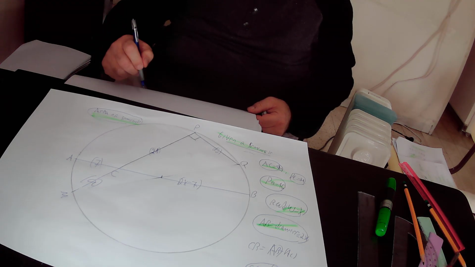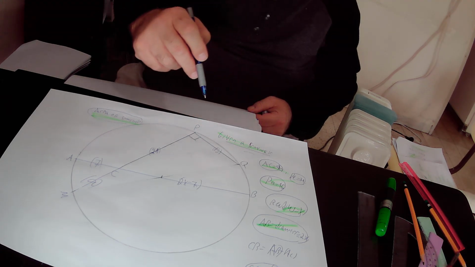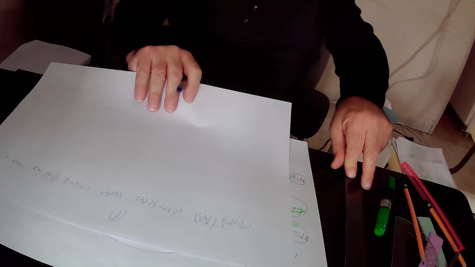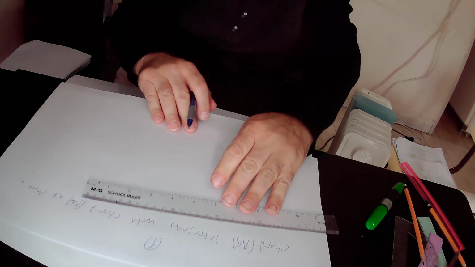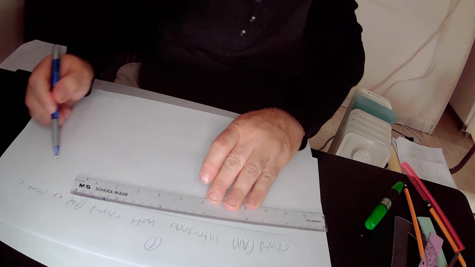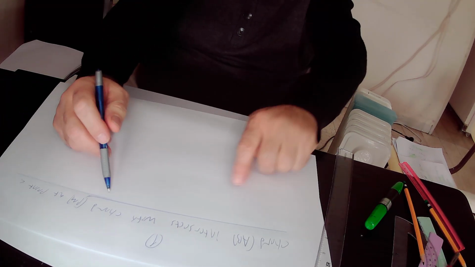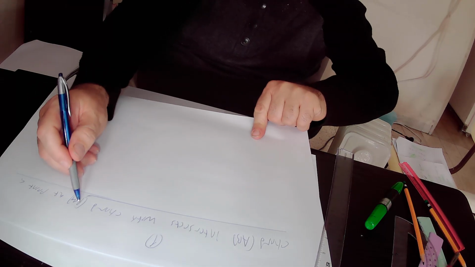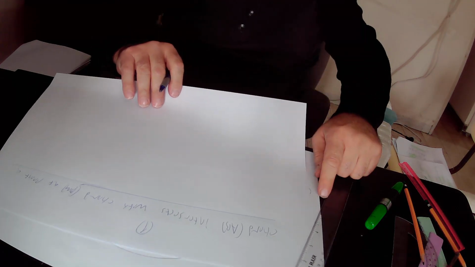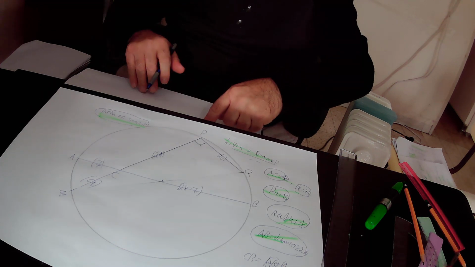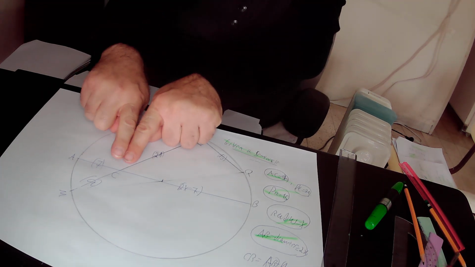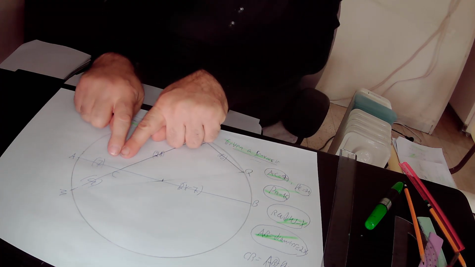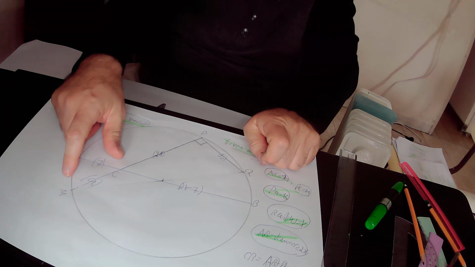The intersection point of chord AB with chord PM occurs at point C. And therefore, according to rule 65, the following equation is true: AC times CB equals PC times CM. Again, AC times CB equals PC times CM.